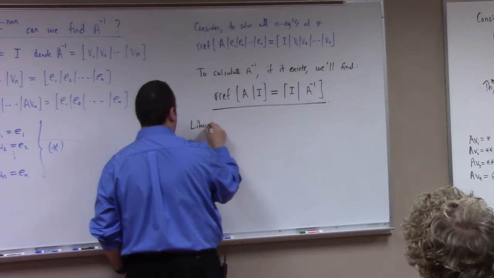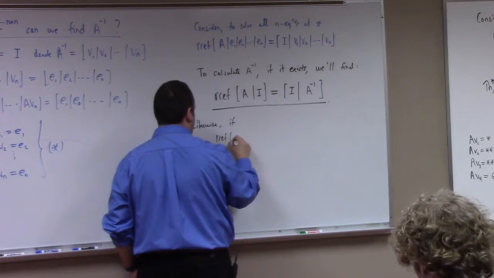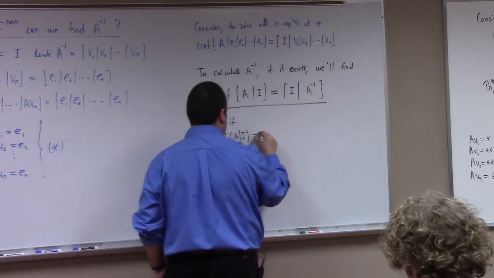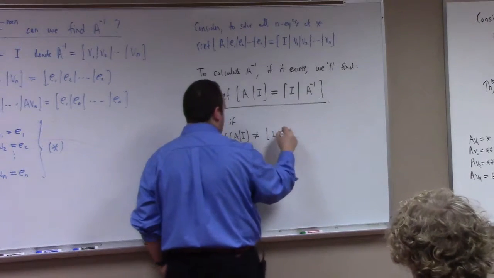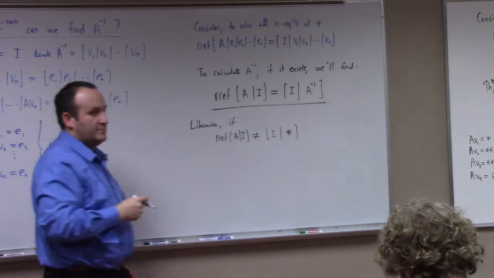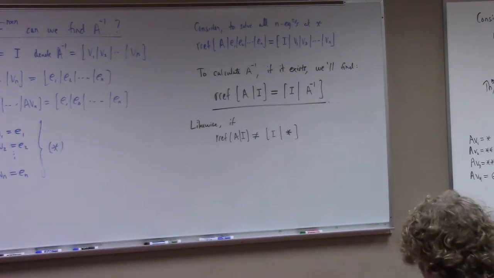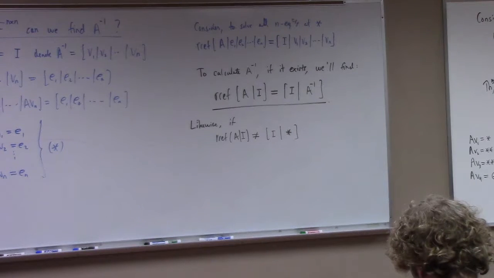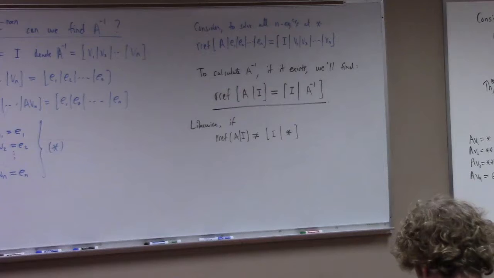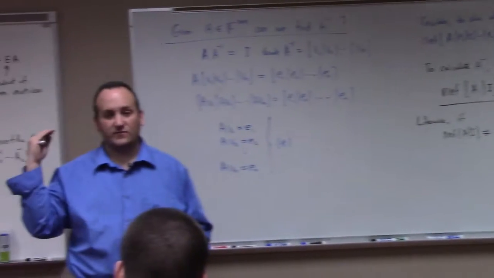Likewise, if the reduced row echelon form of A with the identity matrix concatenated on is not equal to the identity matrix times something, what does that mean? It either means the last row is all zeros.